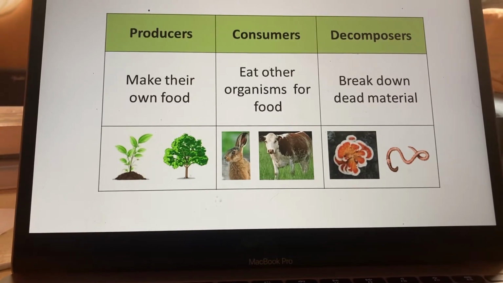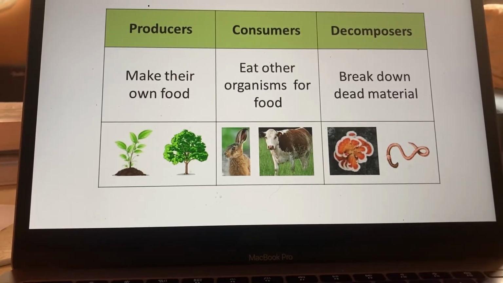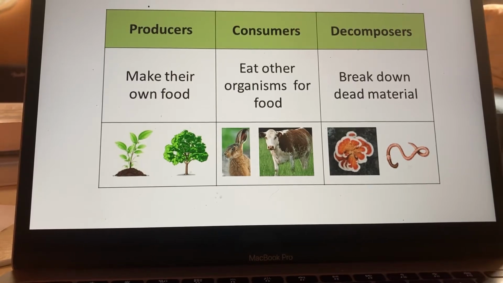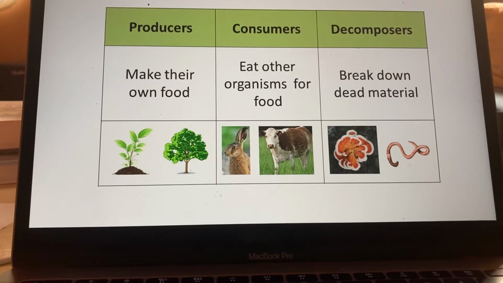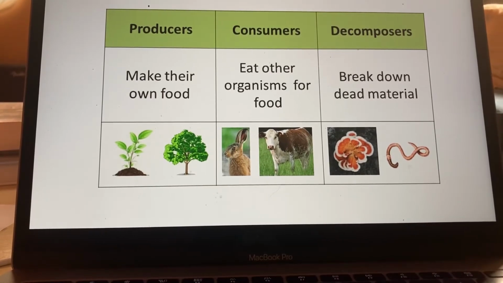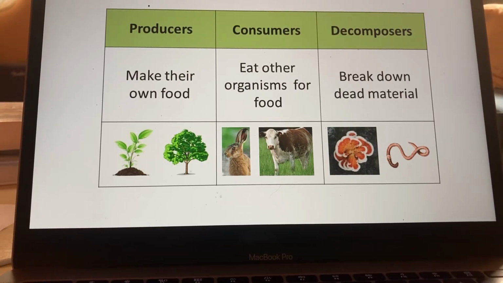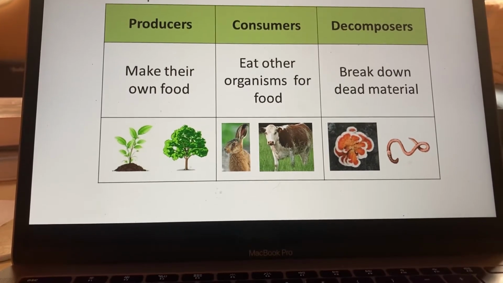And grass is a living organism, so they are consumers. And third column, Lily, please read that out loud. Okay, good job. Decomposers. They break down dead material. So things like worms break down leaves so that they become dirt, right? I really like worms. They're some of my favorites.